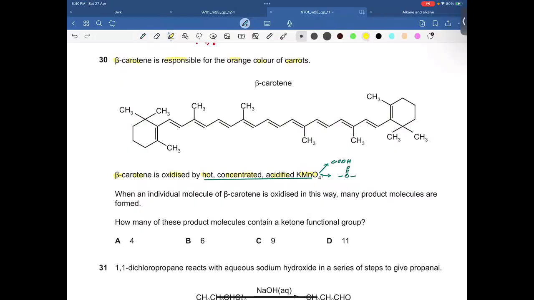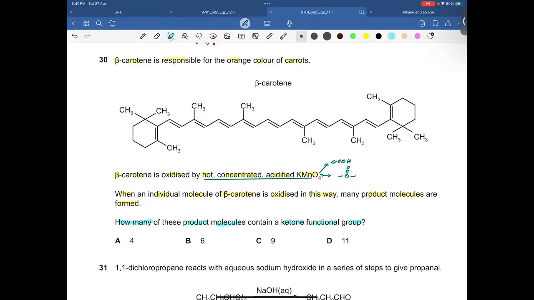All right. When an individual molecule of beta carotene is oxidized in this way, many product molecules are formed. How many of these product molecules contain the ketone functional group?